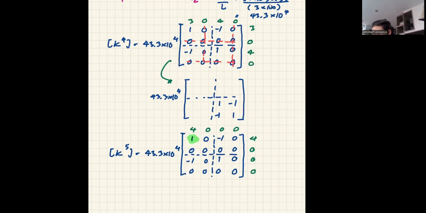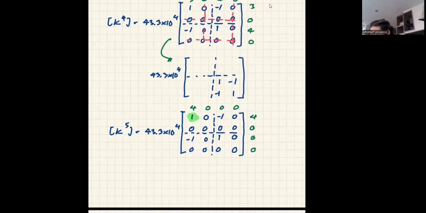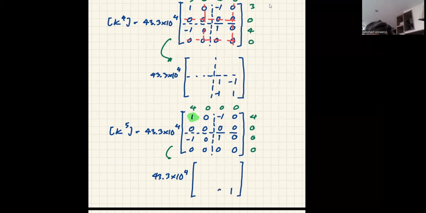That's the one. Okay. So see, it becomes 43.3 multiplied by 10 to the power of 4. And this time, everything is 0 except this term, right? The rest is 0.